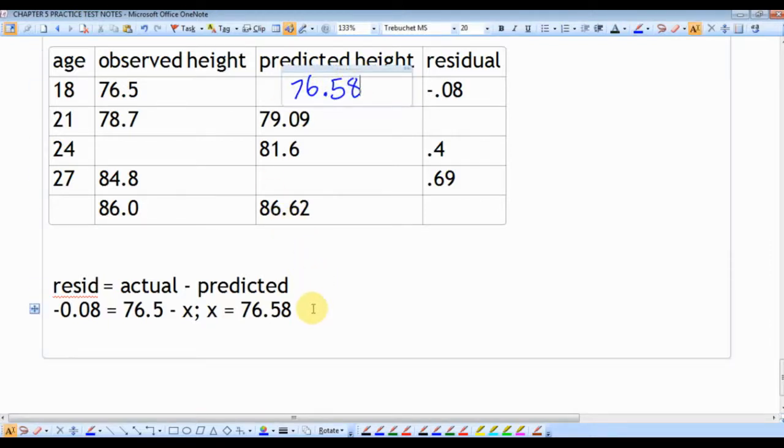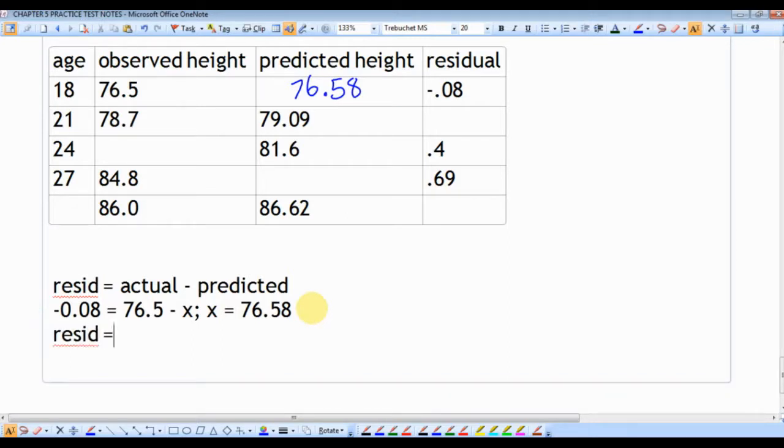The second one, we're going to do the same thing. The residual is equal to actual, which is observed, minus predicted, which is 79.09. And we get a residual of negative 0.39, right?